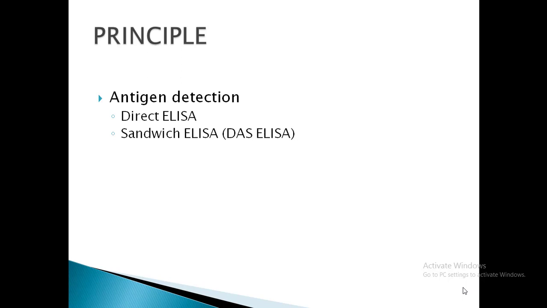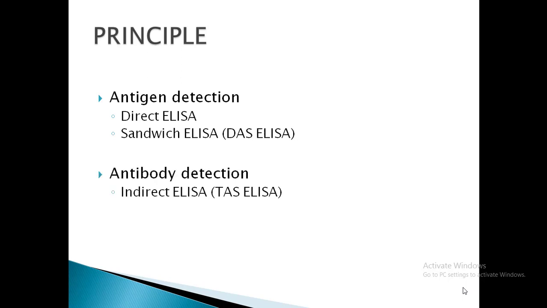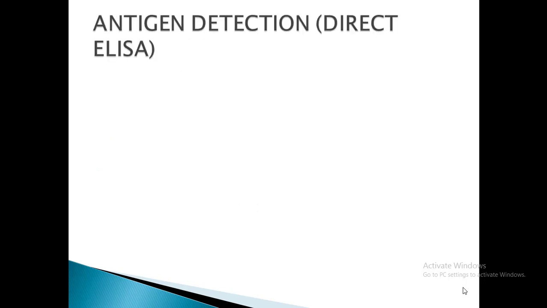So for antigen detection, we have direct ELISA and sandwich ELISA, that is DAS, double antibody sandwich complex ELISA. For antibody detection, we have indirect ELISA, or what is known as TAS, triple antibody sandwich complex ELISA. Now we'll go through each one by one.